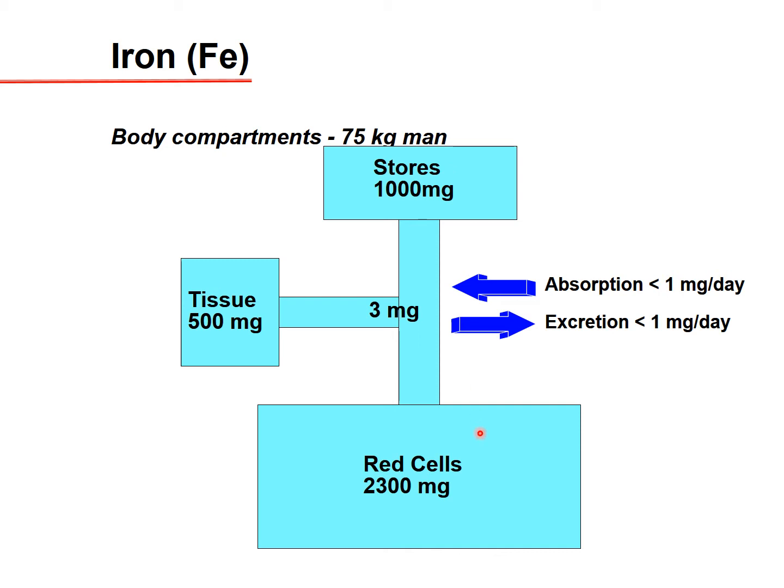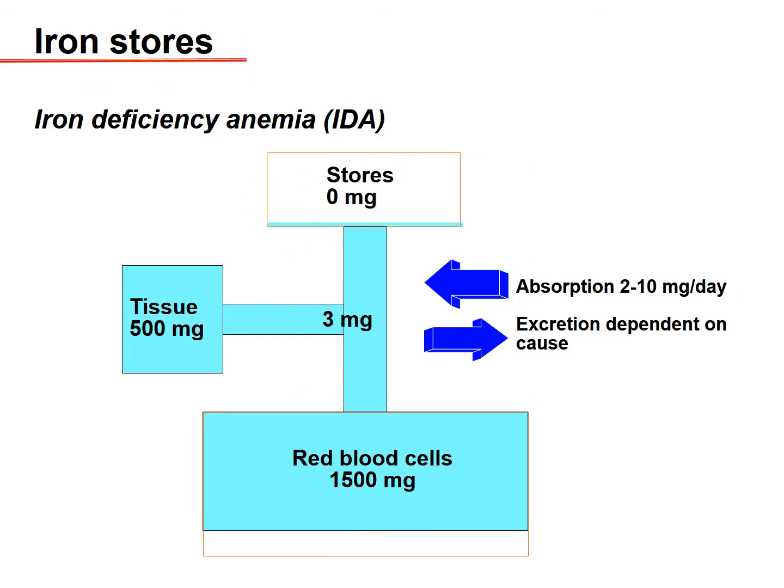We do have about 2.3 gram in the red blood cells, and in the tissues we do have some additional 0.5 gram, and in the circulation we do have about 3 milligram iron. Now every day we are losing and absorbing about 1 milligram iron. So this is the normal turnover of the iron.